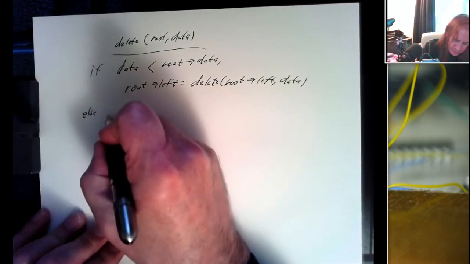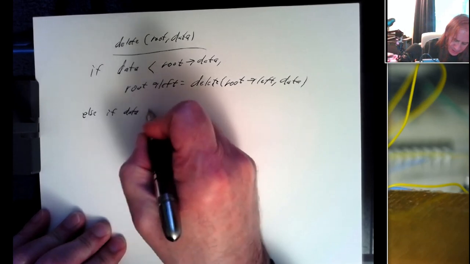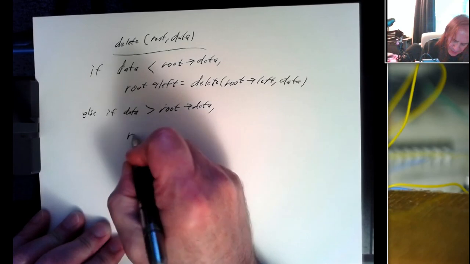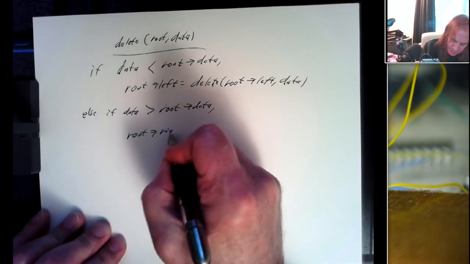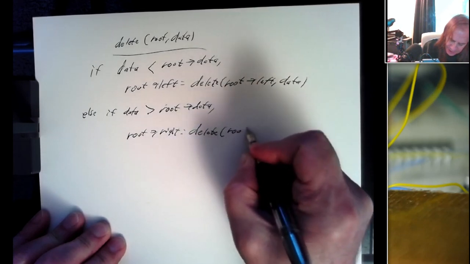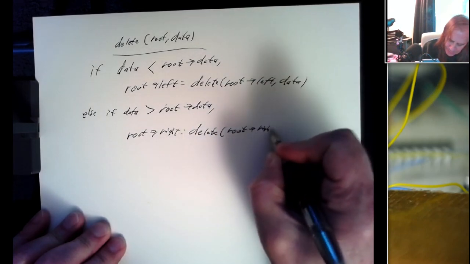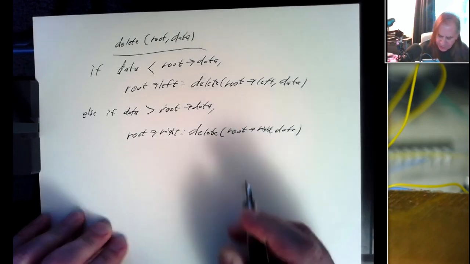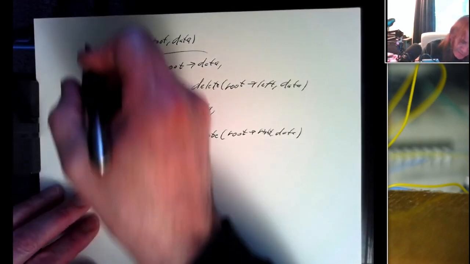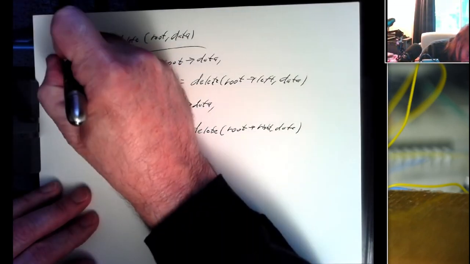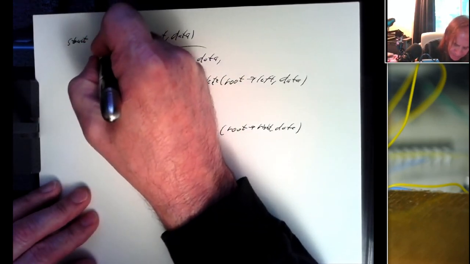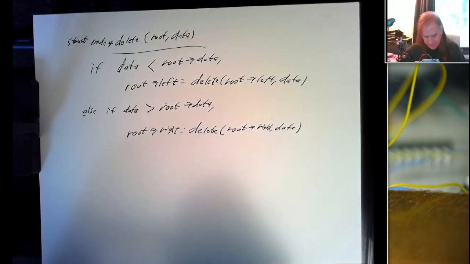Else, if data is bigger than the root, then let's set the right subtree equal to what we get when we delete our data from the right subtree. So delete from the right subtree and replace the right subtree with that. So this delete function, just like our insert function, needs to return possibly a new root. So a struct node star.